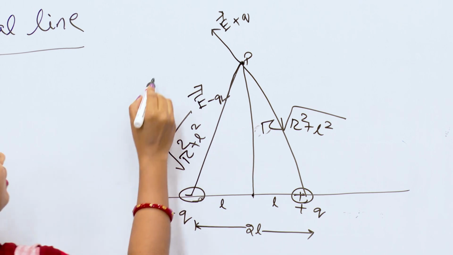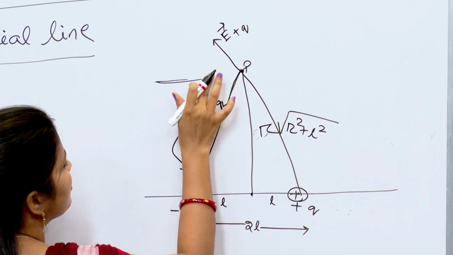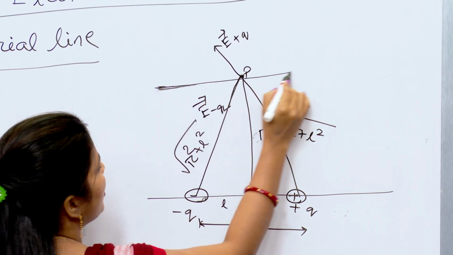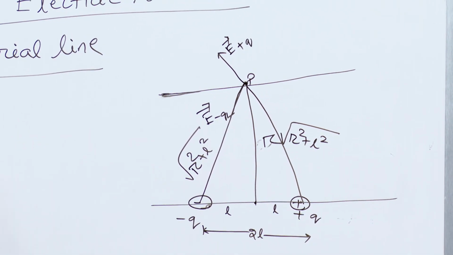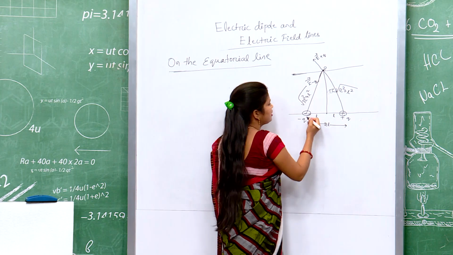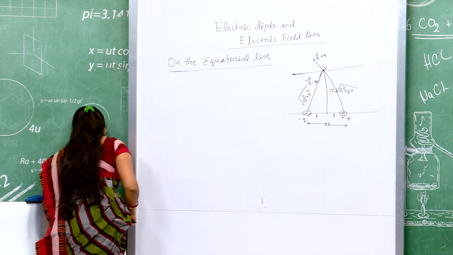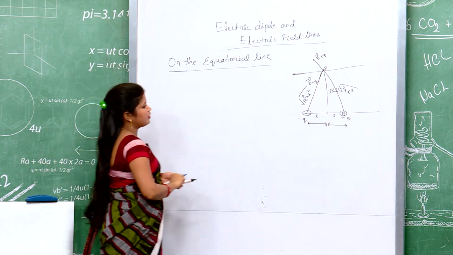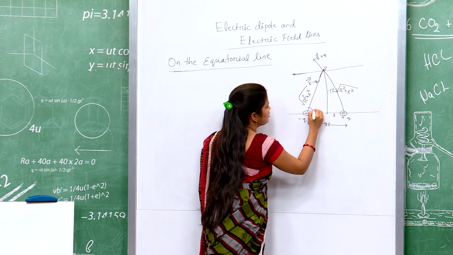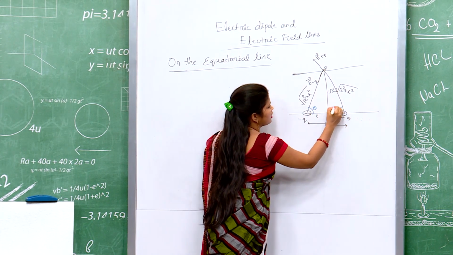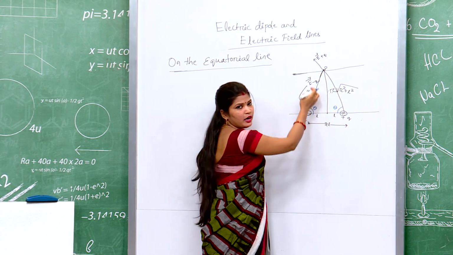Okay. And here is the line parallel to the dipole axis. See, the angle here is theta and here also theta. So, these are two parallel lines.